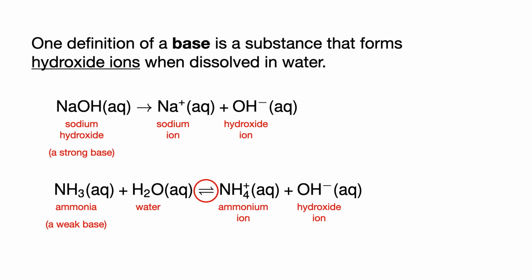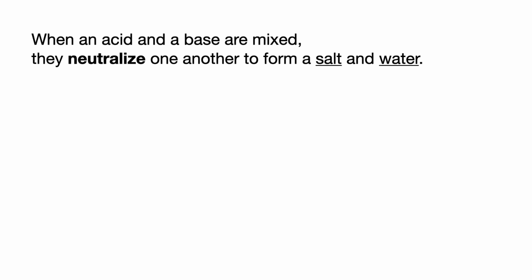All right. Now, one important type of chemical reaction between acids and bases occurs when you mix an acid with a base. And when you do this, they neutralize one another to form a chemical called a salt and water.